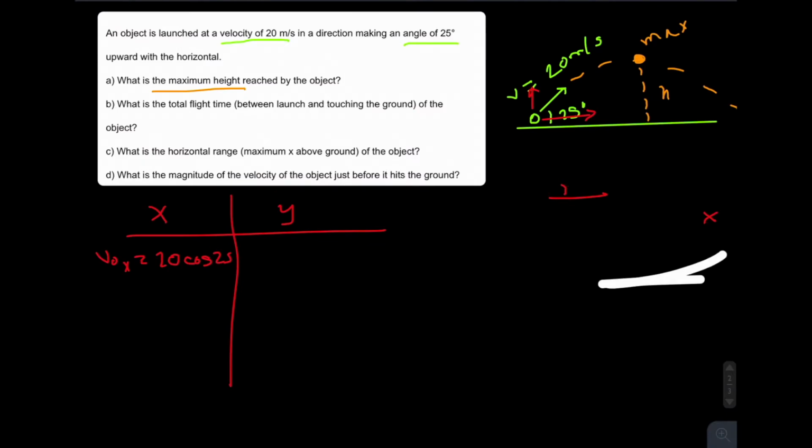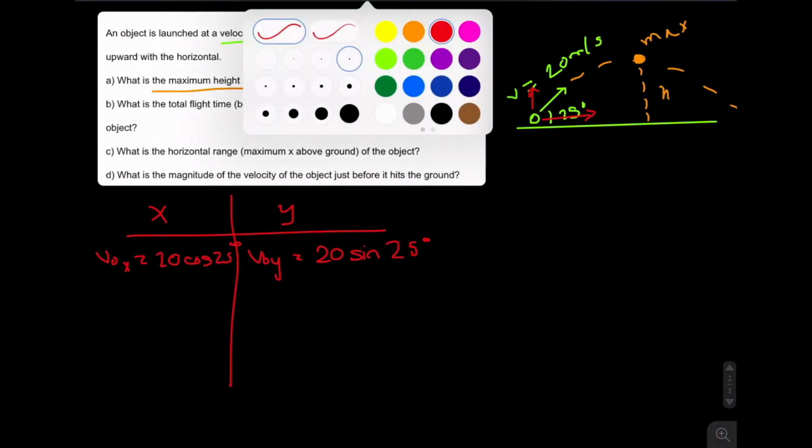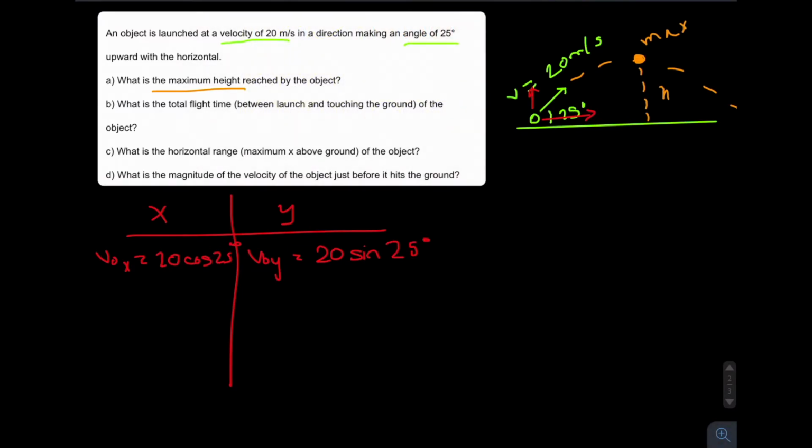And same thing for the y-axis. V initial y would be 20 times sine 25. Just sine and cosine, basic trigonometry, which you're going to encounter a lot in projectile motion. Okay, so we have the initials. Now, recall that at the max height, we only had one vector, x, and there was no y vector.